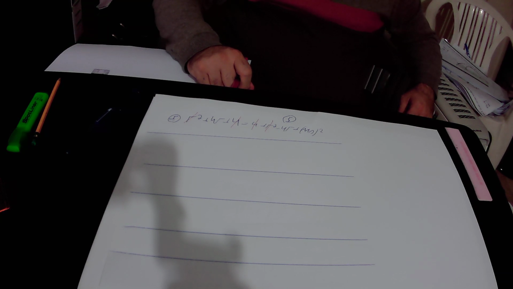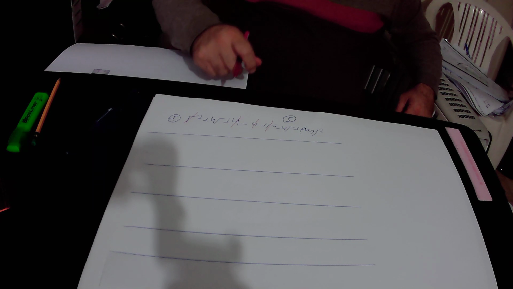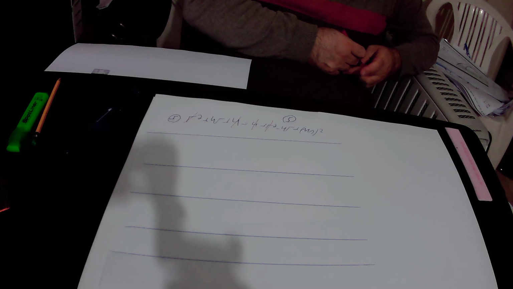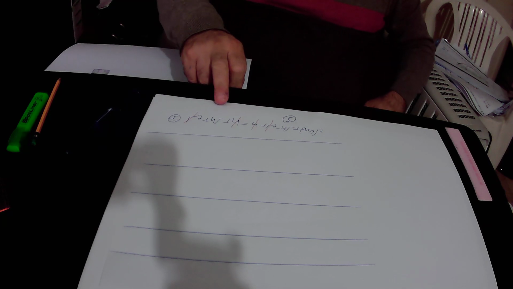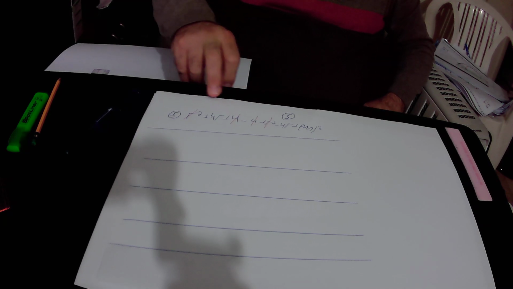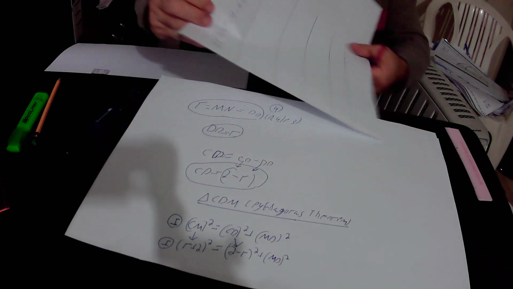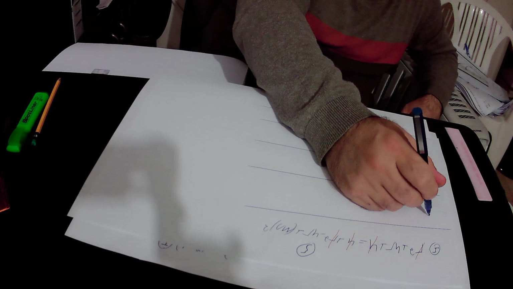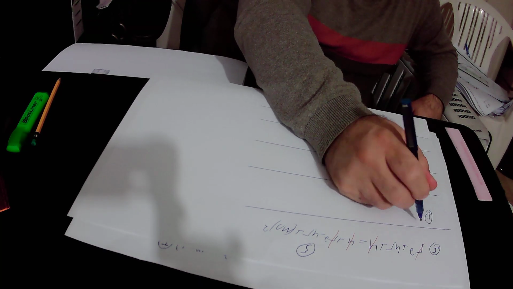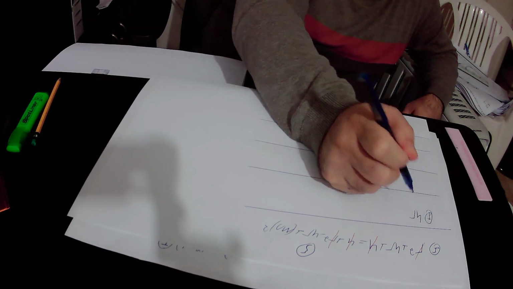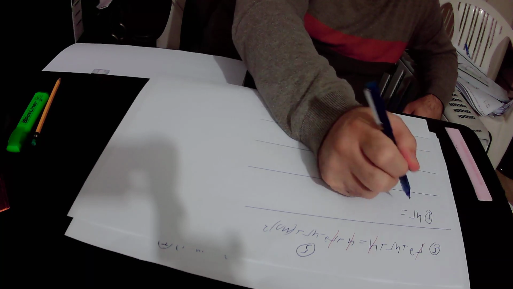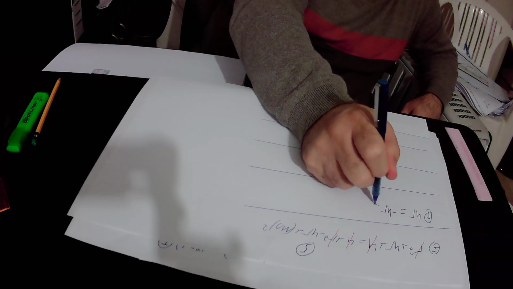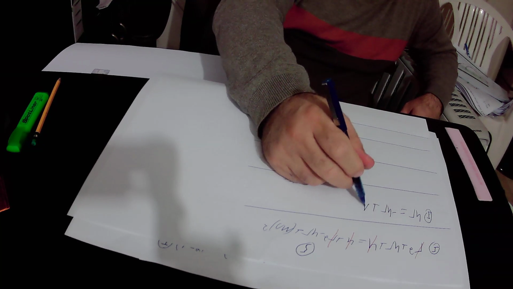What is left from equation number 1 is 4R equals minus 4R plus MD squared.